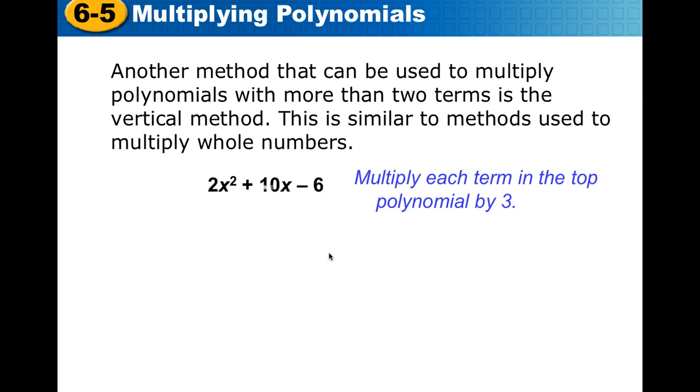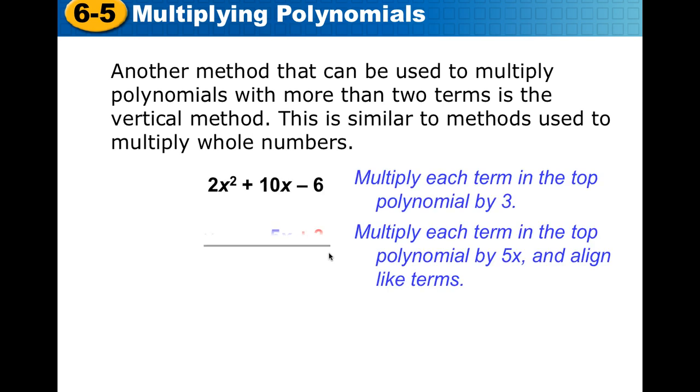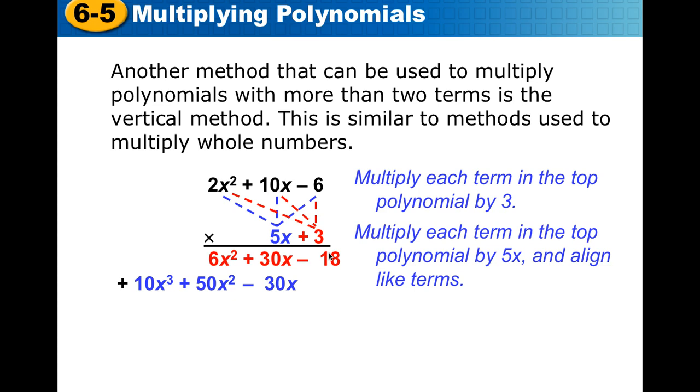The last one is called the vertical method. Vertically, what you'll have is the same trinomial times the binomial. You'll write the trinomial, or the largest expression, on the top and the smaller one on the bottom. Just like if we were multiplying back in middle school, you're going to take the term on the right-hand side, in this case the plus 3, and multiply it by everything above: the negative 6, the 10x, and the 2x squared.